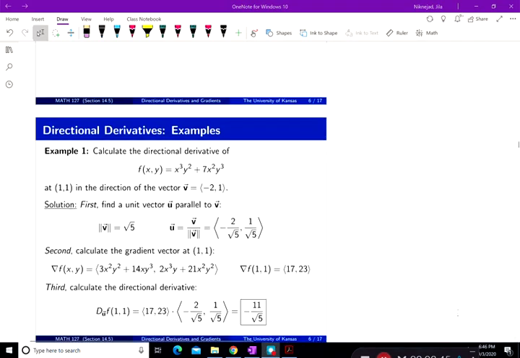So the directional derivative in direction of the unit vector u is going to be equal to -11 over square root of 5.